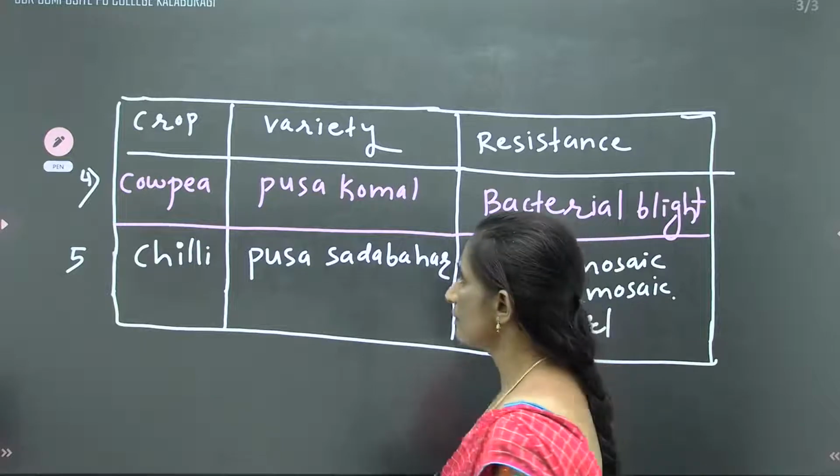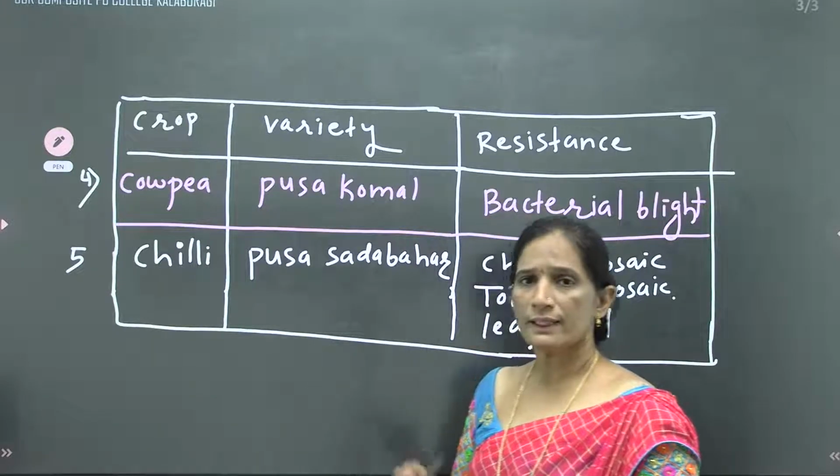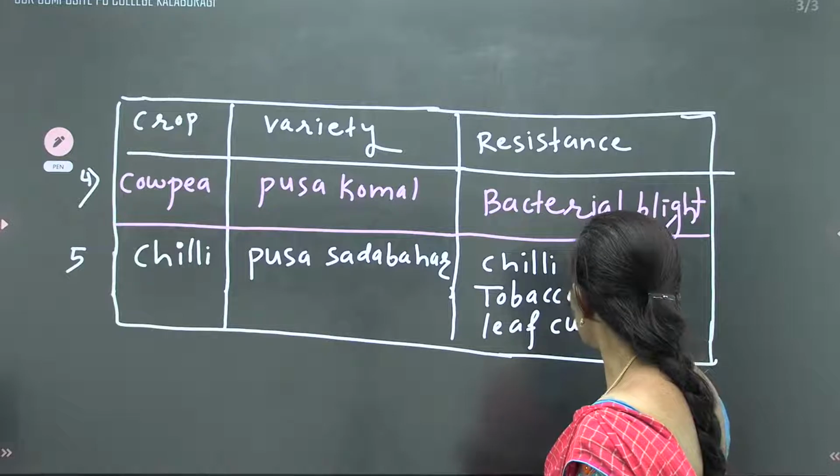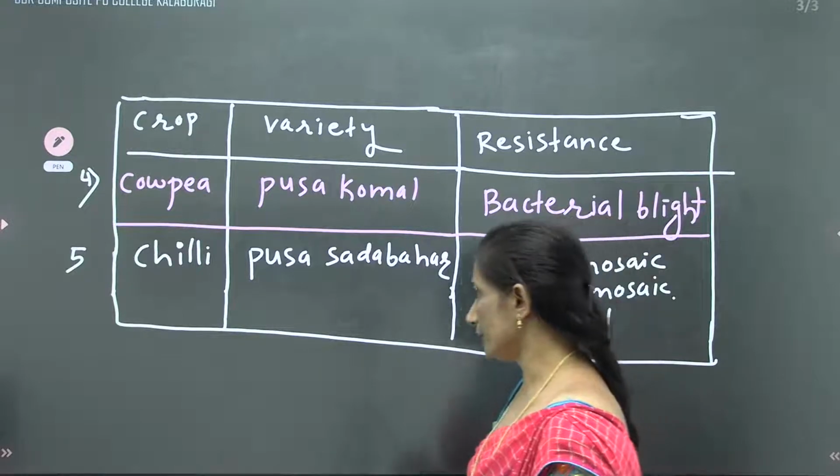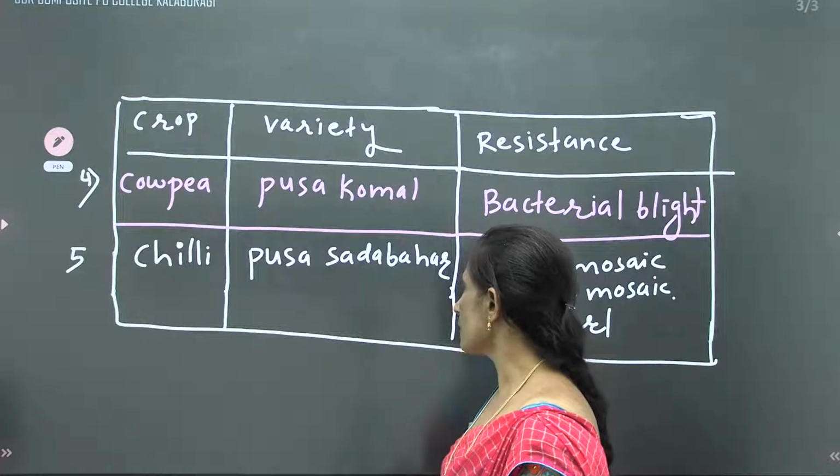So the next one is the chili. Chili is resistant to chili mosaic or tobacco mosaic and even leaf curl. So the variety is Pusa Sadabahar.